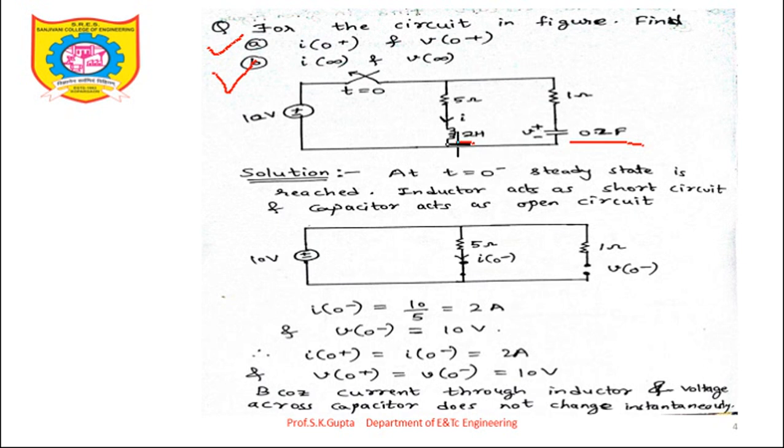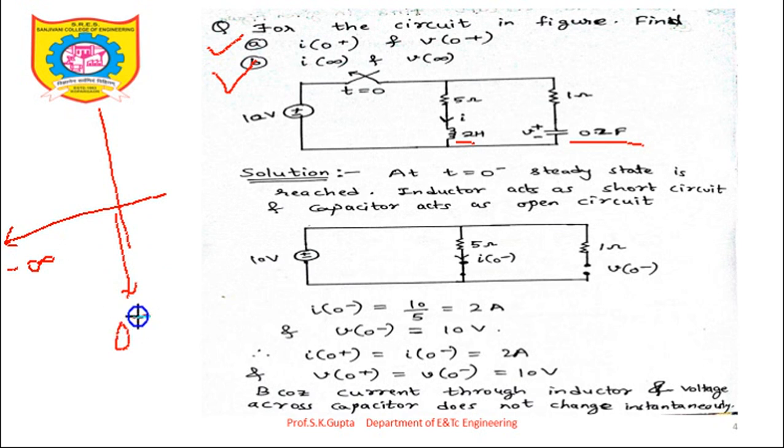This has a 2 Henry inductor and a 0.2 Farad capacitor. By the direction of the arrow you can see that at t equal to 0 the switch was open, but before t equal to 0 the switch was closed. So from minus infinity the switch was closed, and when I reach 0 minus we have steady state.